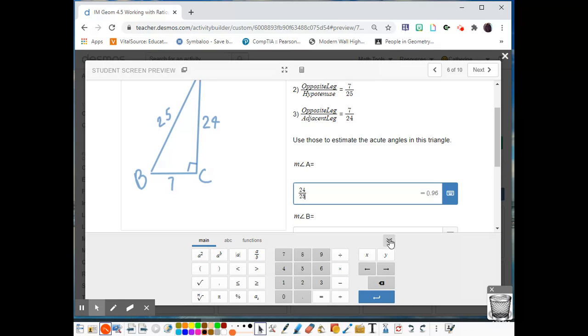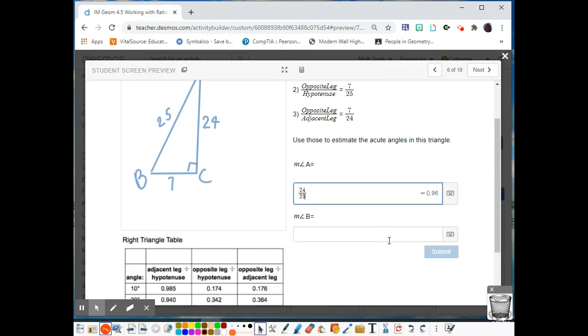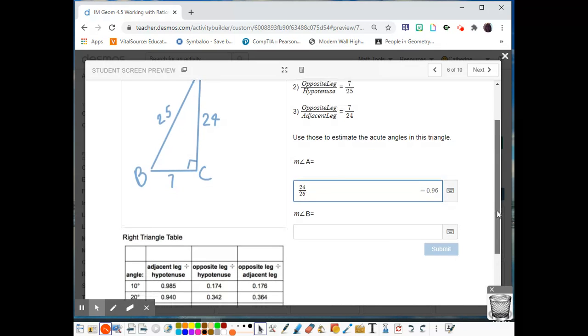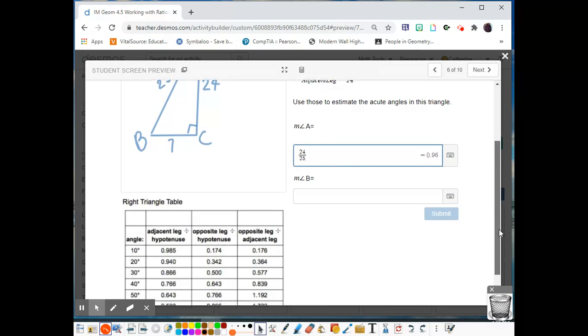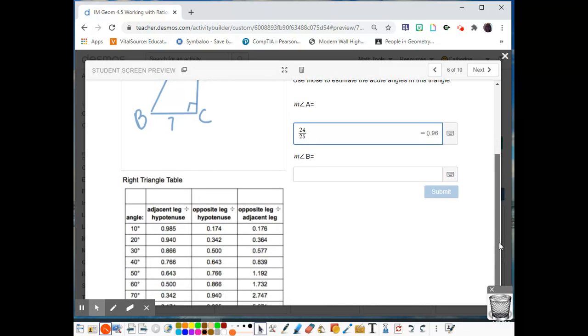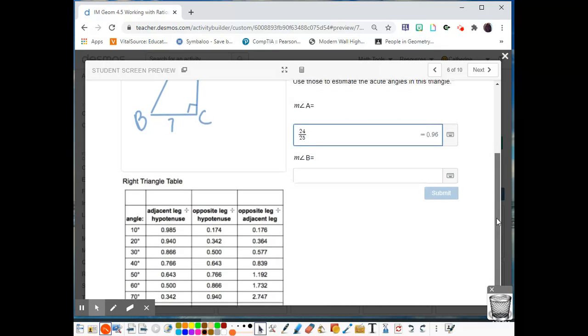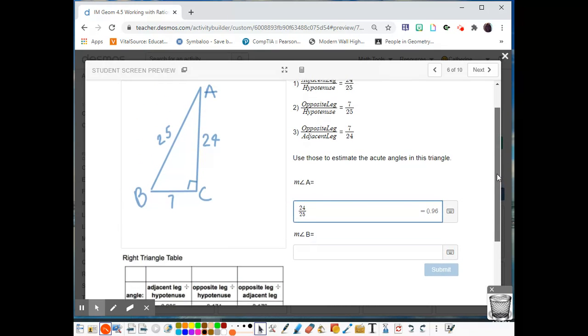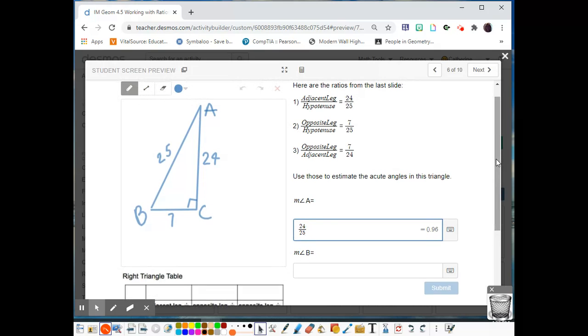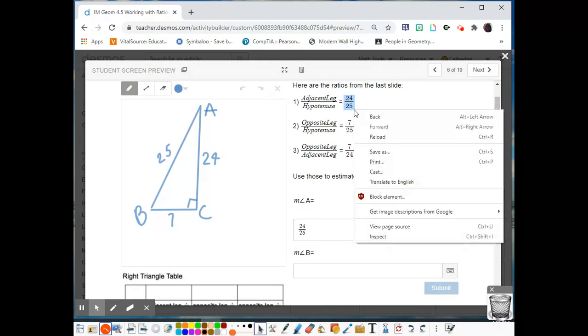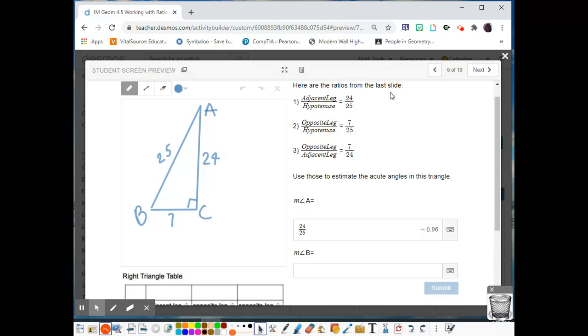So we have 0.96, and we look in the chart. It's listed there on the page for you. What column are we going to look in? Well, we're looking at A, and the measure of angle A we had was adjacent over hypotenuse, and that was 24 over 25.